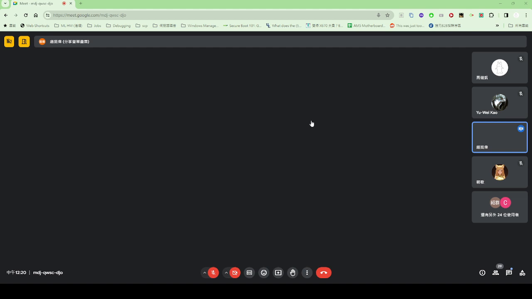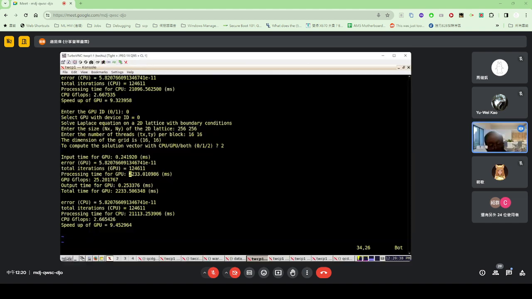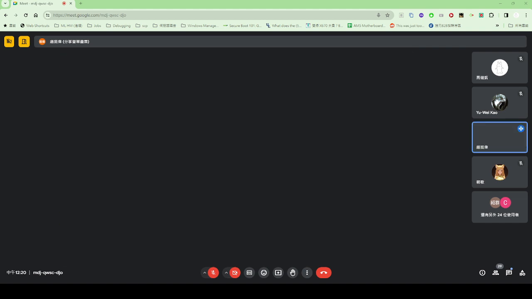The number of iterations is quite large now, about 125,000 iterations, and the total time is just 2 seconds. GPU processing time is only 2 seconds, but it's still more than the output time. Output time is only 0.2 millisecond, and the input time is 0.2 second.